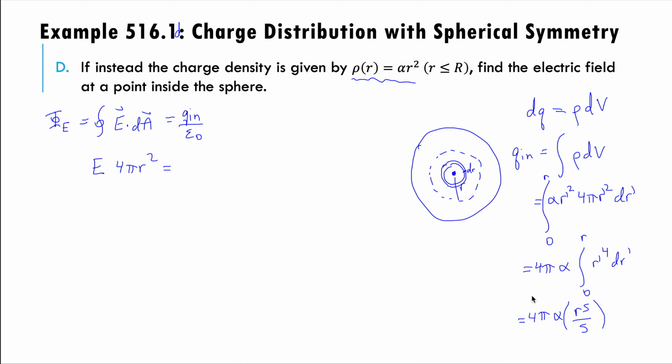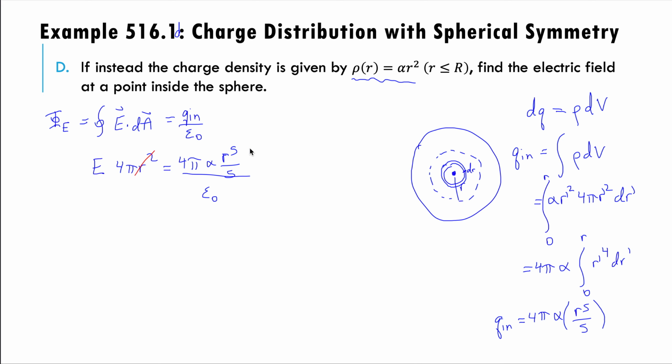And now we can plug that into our Gauss's law over here. We're going to put 4 pi alpha r to the fifth over 5, and we're going to divide all of this by epsilon naught. And now we can finally solve for E. Let's try to cancel any variables.